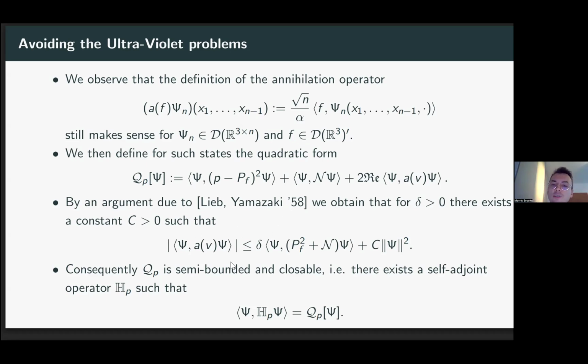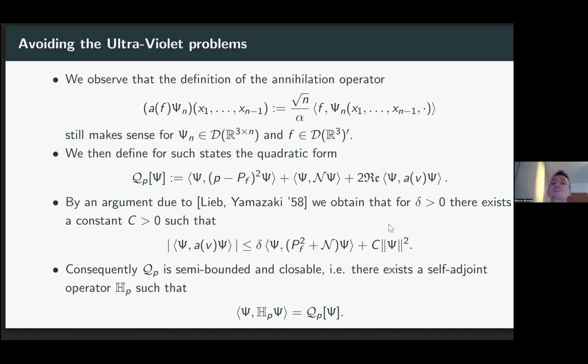Since it's infinitesimally bounded with respect to P_f squared and N, you know that the expectation values of the particle number operator and also of P_f squared are reasonably bounded for your ground state. So really this Lieb-Yamasaki argument gives you very precise information about where you can find your ground state in the Hilbert space.